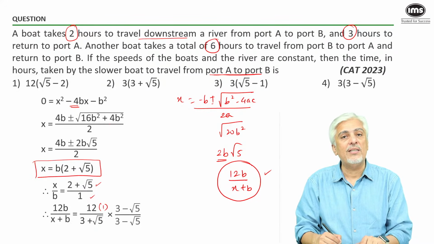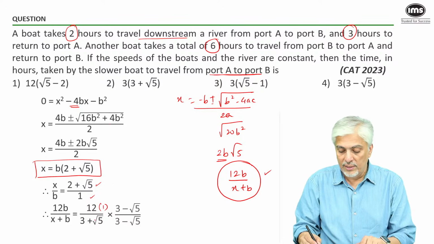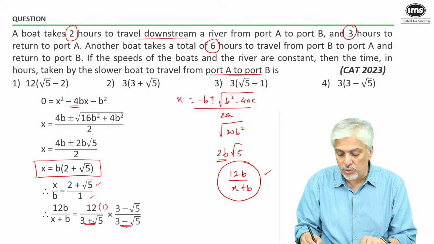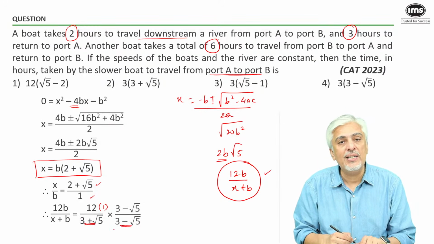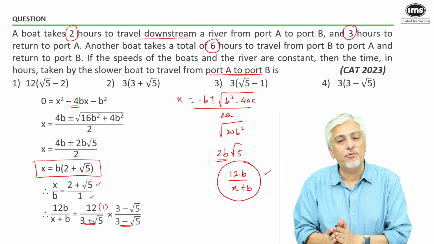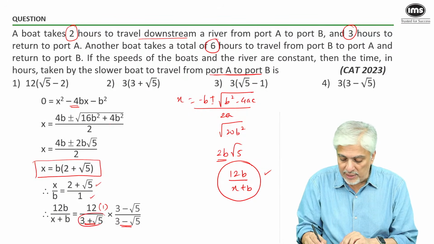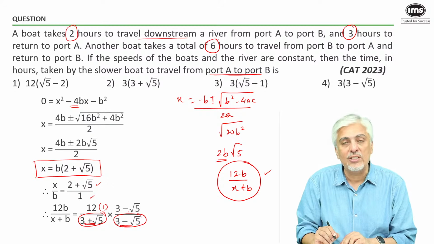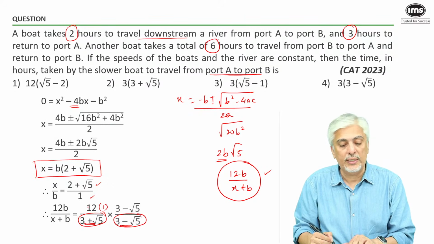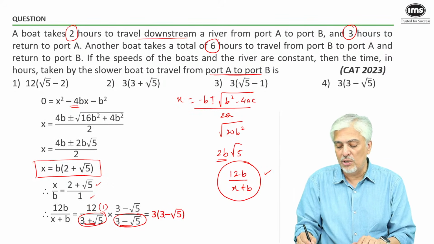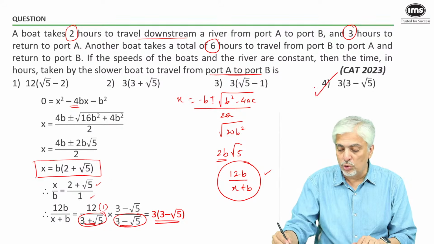So multiply by 3 minus root 5 upon 3 minus root 5. What is 3 plus root 5 into 3 minus root 5? A plus b into a minus b, 9 minus 5, 4. So you will get 4. 4 3s are 12 will cut, and this will be your final answer, which is the fourth option.